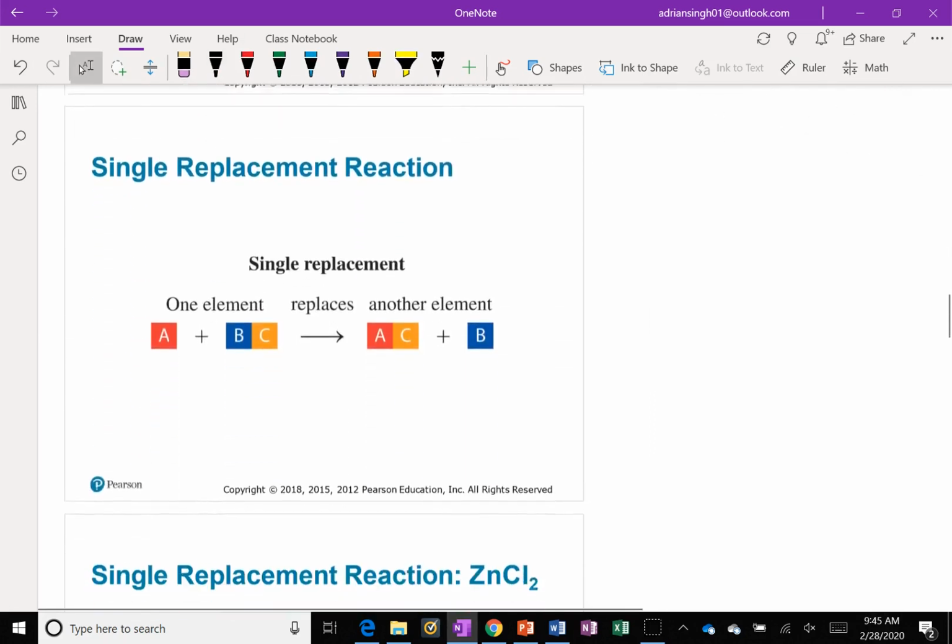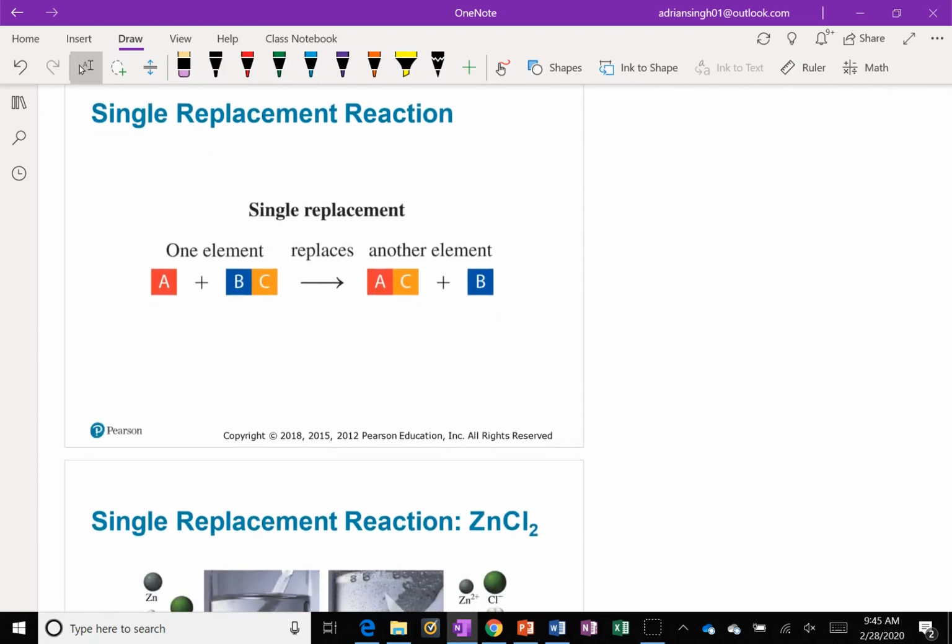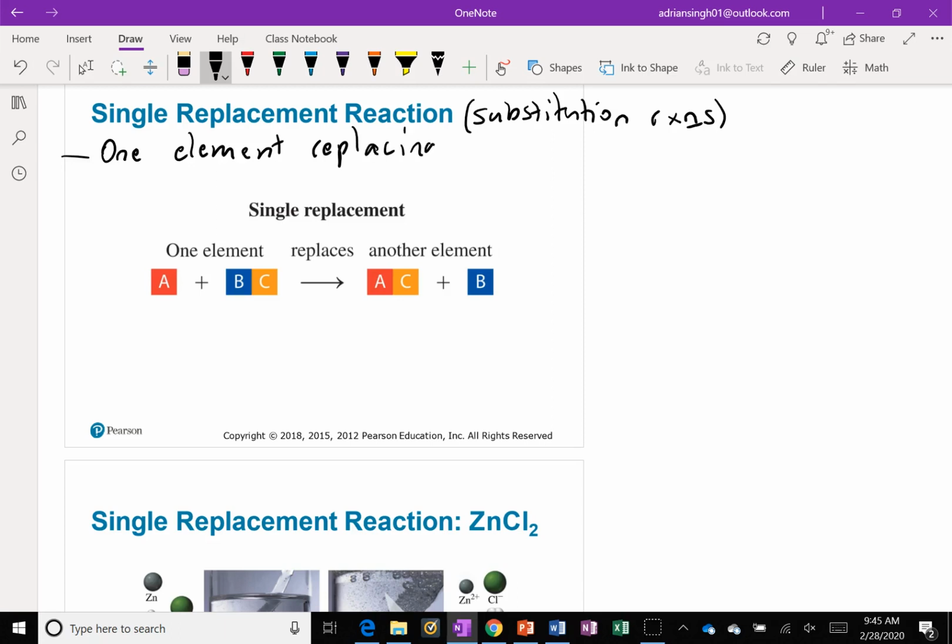All right, the third type of reaction is called a single replacement reaction. These are often referred to as substitution reactions, and in this case, what's occurring is usually you have one element replacing another in a compound.